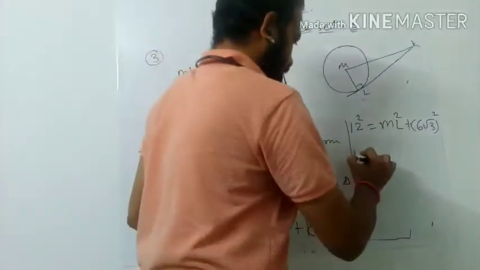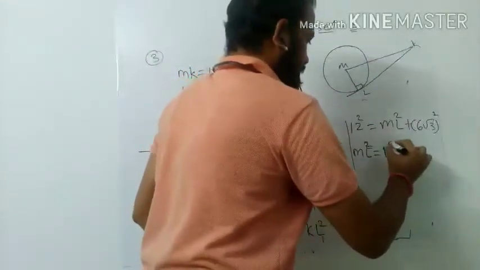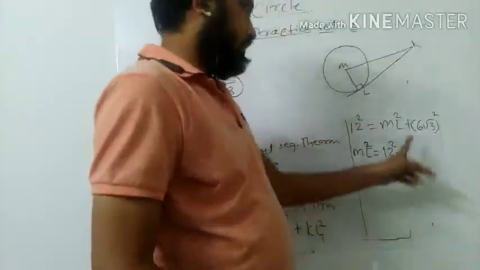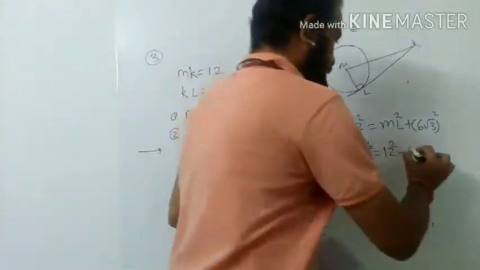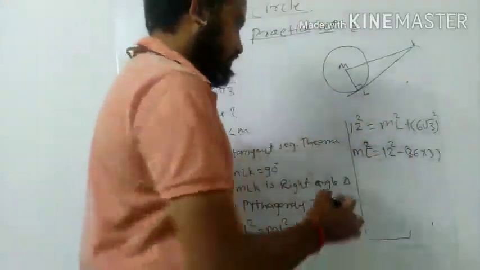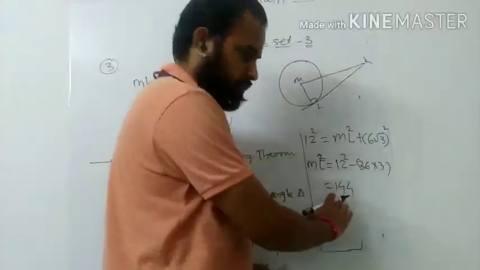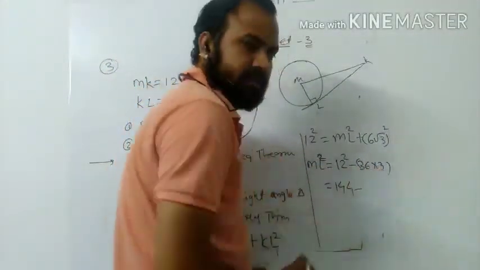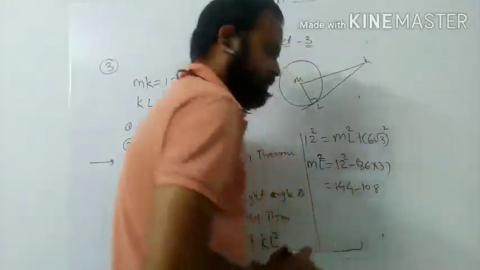Then I can write ML square equal to, I will rearrange this, 12 square minus (6 root 3) whole square. That means 6 square and root 3 square. 6 square is 36 and root 3 square is simply 3. After simplification, 12 square is 144 minus 36 into 3. 3 sixes are 18, 1 remaining, 3 threes are 9, so it becomes 108.